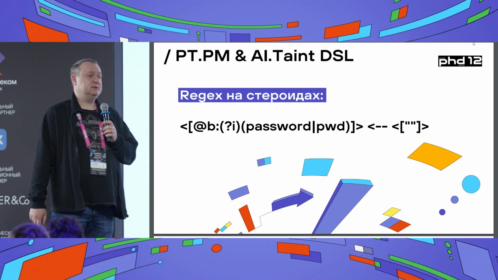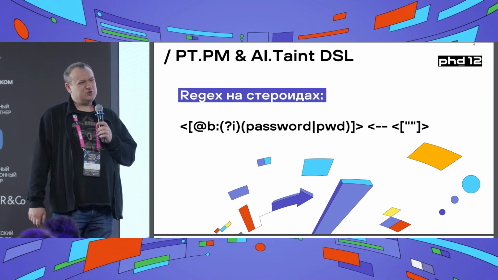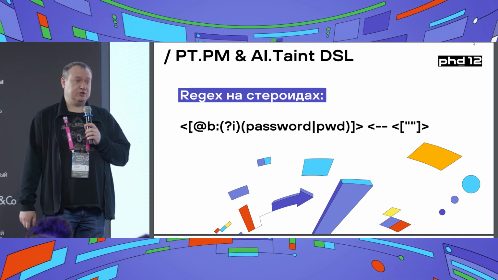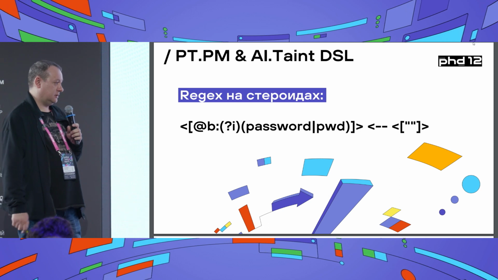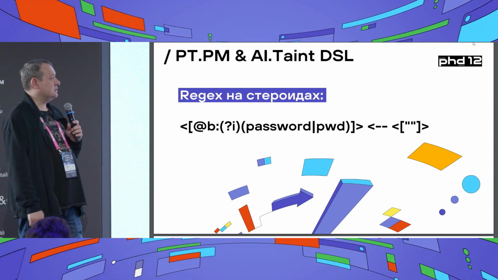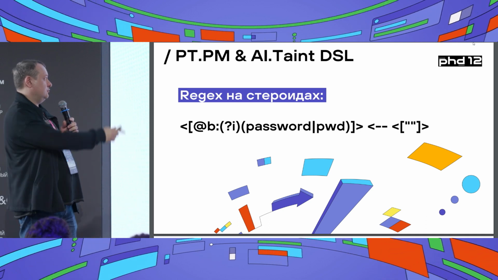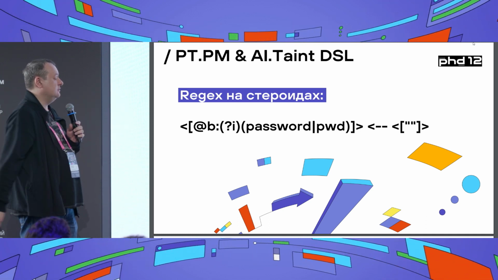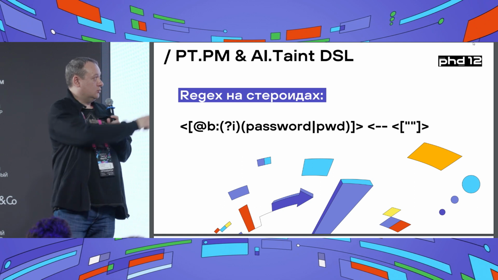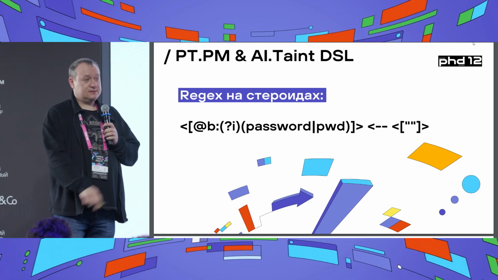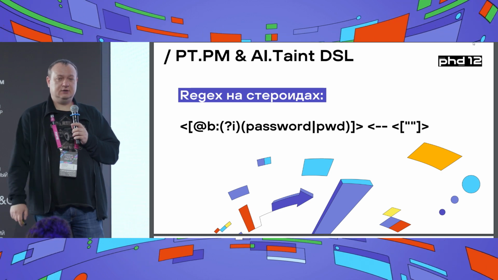Later, at 2015, we replaced it for another expression. It matched IST of all the languages which were supported, approximately the same kind of template, identifier, password, PVD, and some variables.